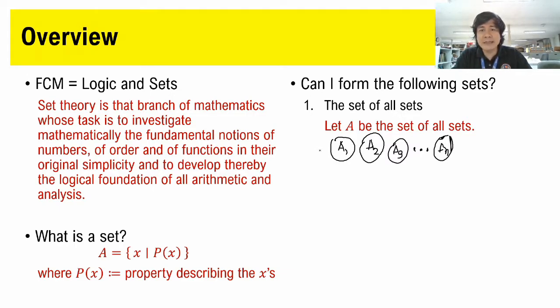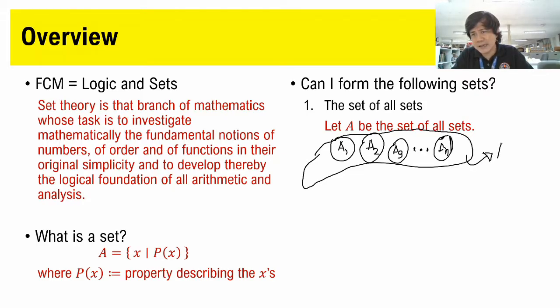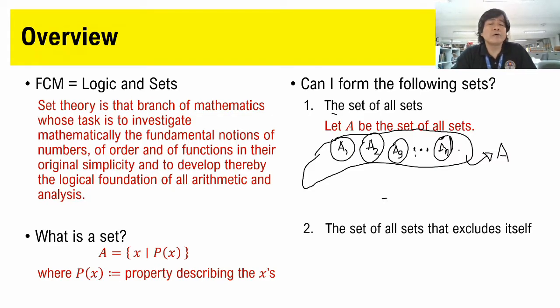So you gather this together as one set. So let's put these together and let's define this to be our set A. So the question is, is this collection a set? And second, is the set A an element of itself? Since we are looking at A to be a set of all the sets, therefore it must be a member of itself.